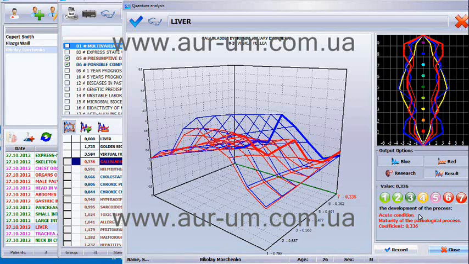It is not active in the normal stage of the patient, but as soon as he gets some stress, it will become active. We can also see that the coefficient is nearly the same as under stress, so it is more or less stable for now, but will become active under stress. Let's record it.